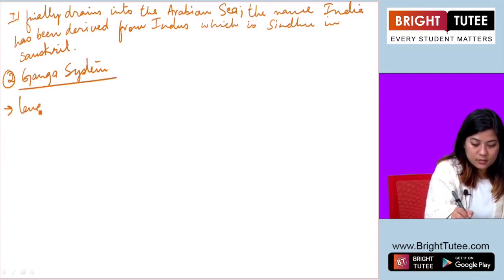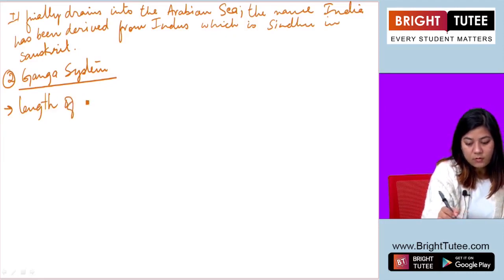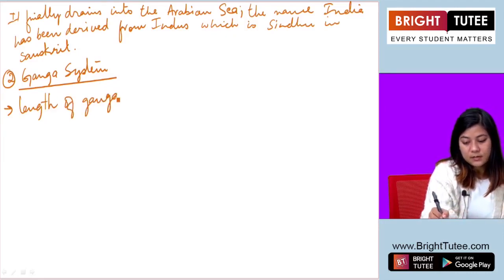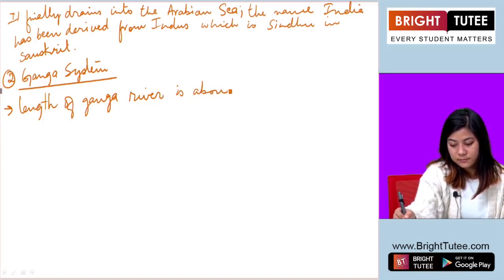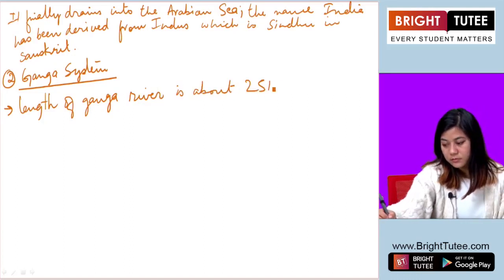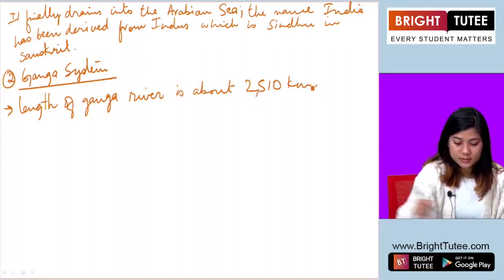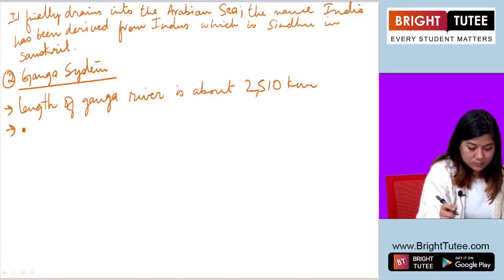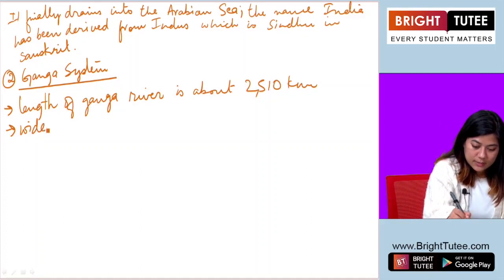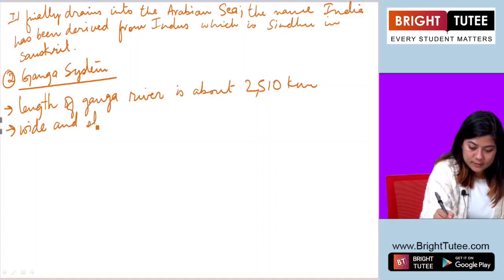The length of Ganga river is about 2510 kilometers. It is wide and sluggish.